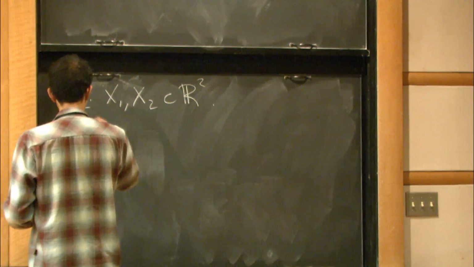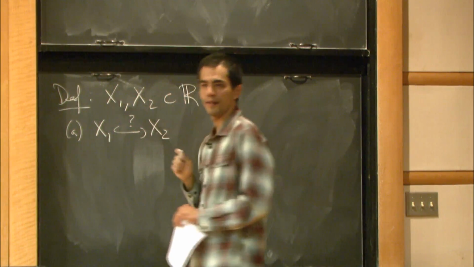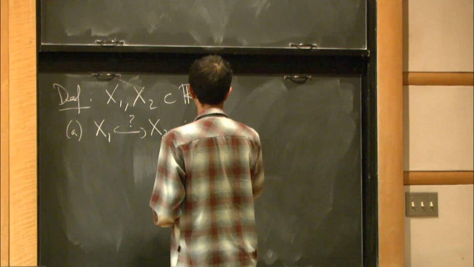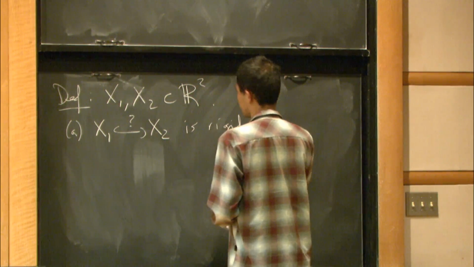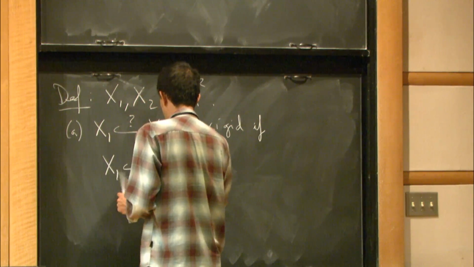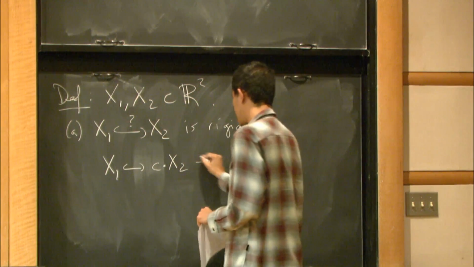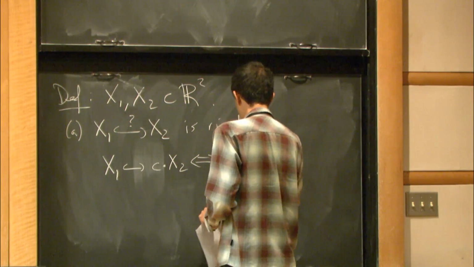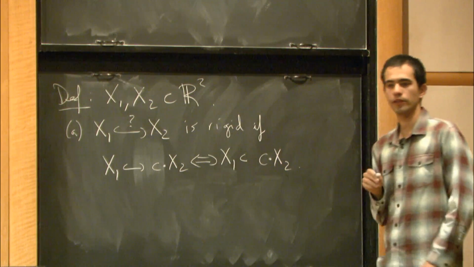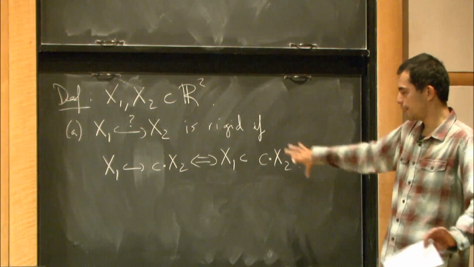We say that the symplectic embedding problem of X_1, trying to embed X_1 into X_2, is rigid if the embedding of X_1 into a multiple of X_2 exists if and only if X_1 is contained in C times X_2. So it's rigid if the best thing you can do for scalings of those sets is inclusion.